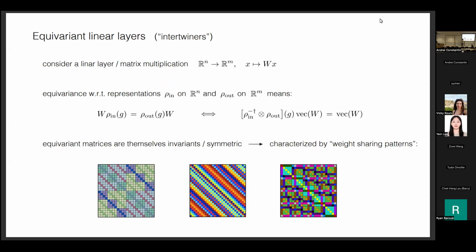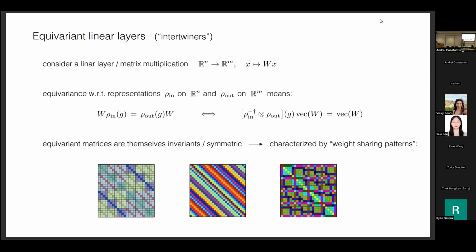So if you transform your input, that's equivalent to transforming your output. And you can take that constraint and rewrite it, which shows you that W itself, the matrix itself, becomes an invariant under this tensor product representation. So that means that W itself has certain symmetries, which people in deep learning call weight sharing patterns.